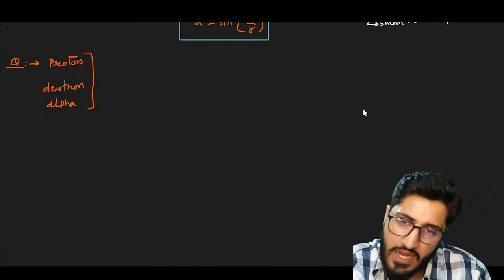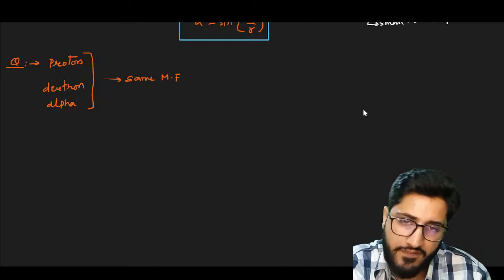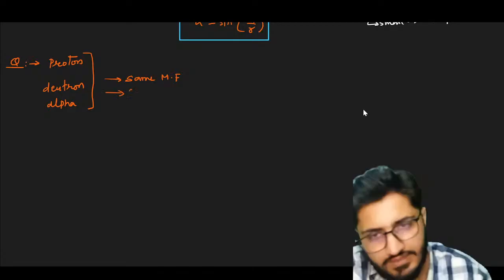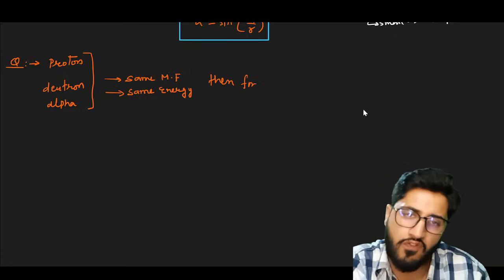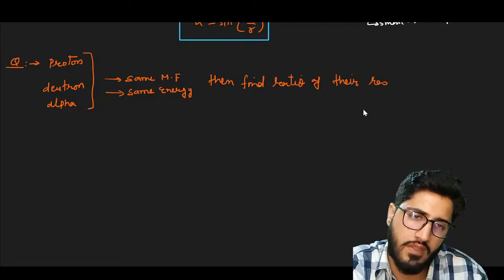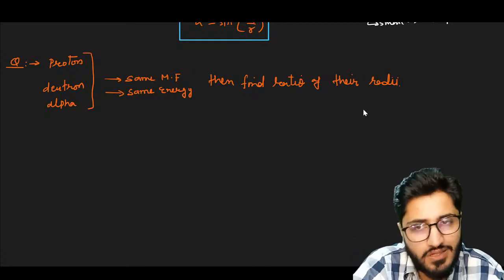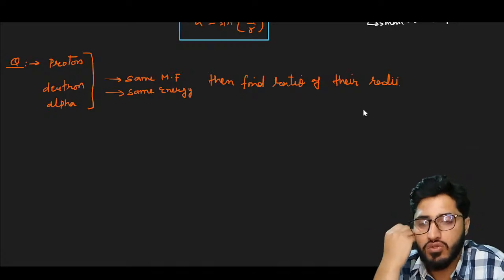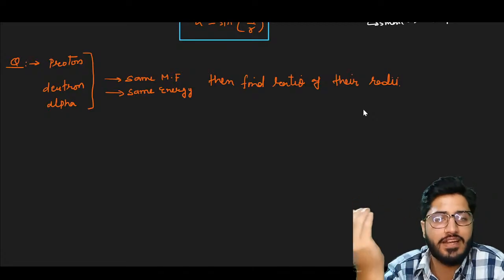We just throw these particles in the same magnetic field and with the same energy. Then find the ratio of their radii. You will get a numerical in your examination like this. Let's suppose proton, deuteron, alpha particle, we throw them with the same energy in the same magnetic field. Then find the ratio of their radii.